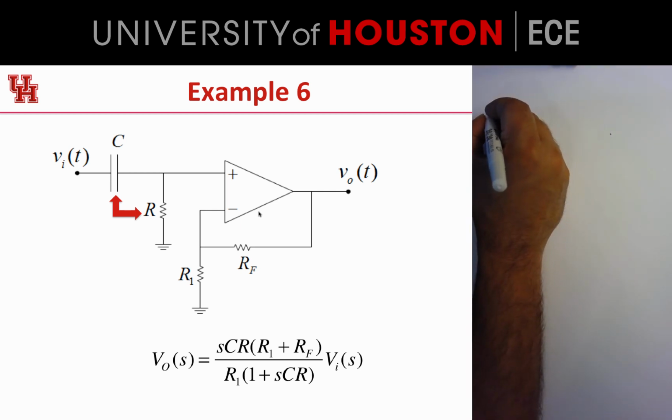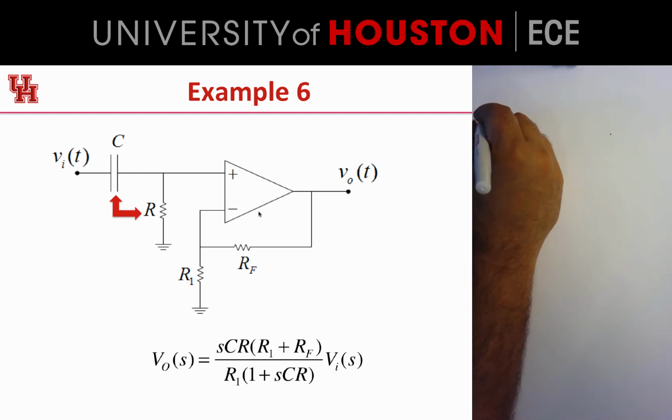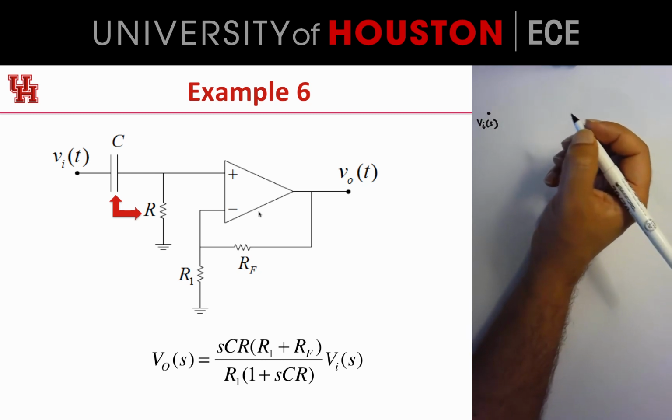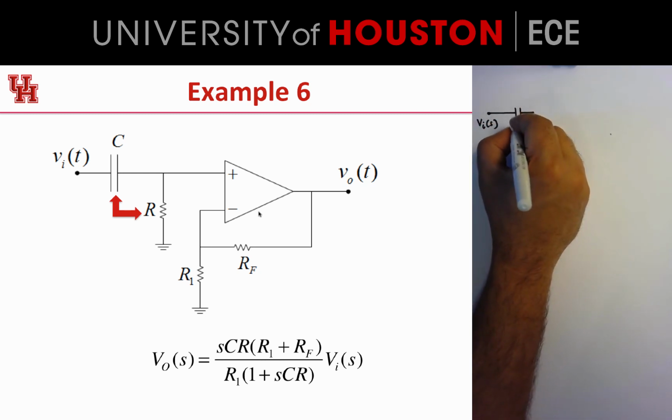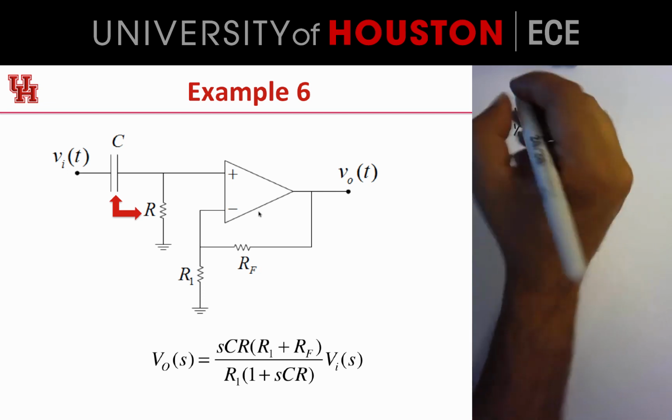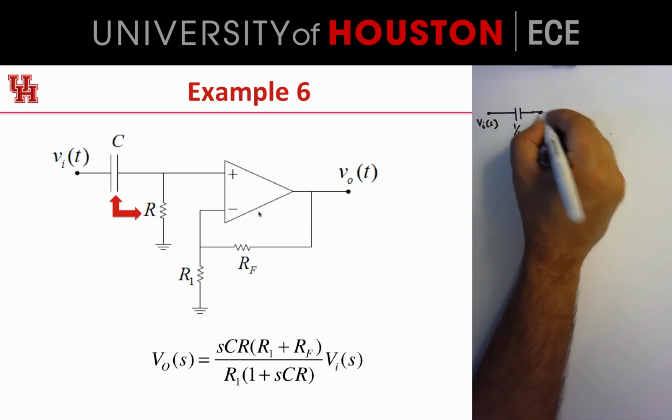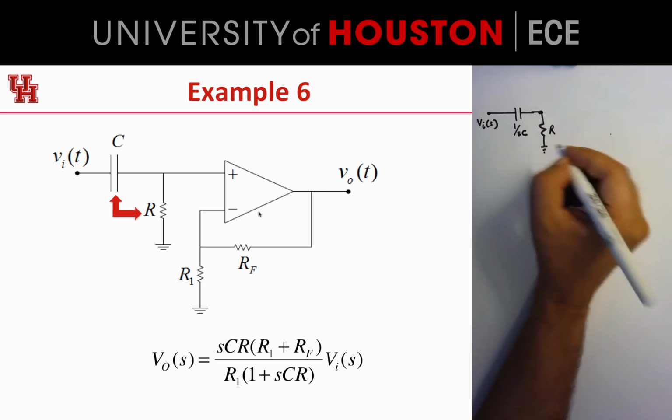So we got V input. I'm going to just go to the Laplace domain right away. I'm just going to call it VI of S. And there's a capacitor, so this is 1 over SC. And there's a resistor, R, going to ground.